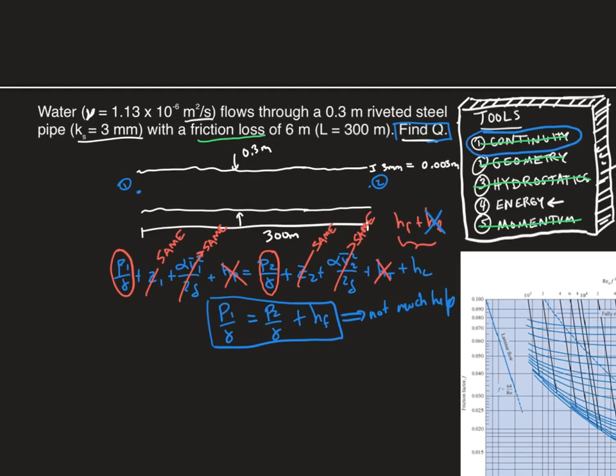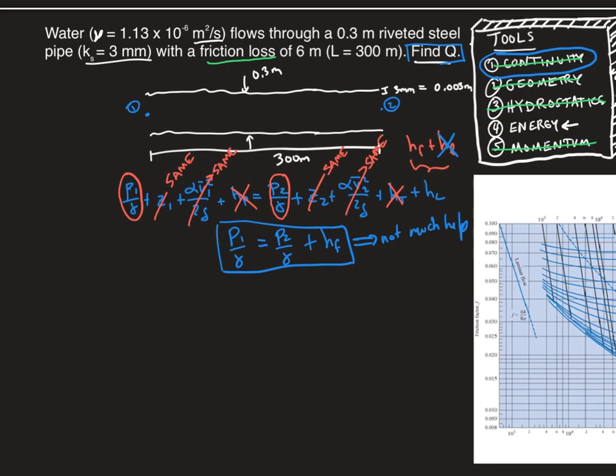Okay. Well, what about this though? We do know what this number is, right? So if I plug in 6 meters right here, that tells me something about the difference in pressure between 1 and 2, but it's not really helping me solve for the velocity. However, HF equals FL on D, V squared on 2G.